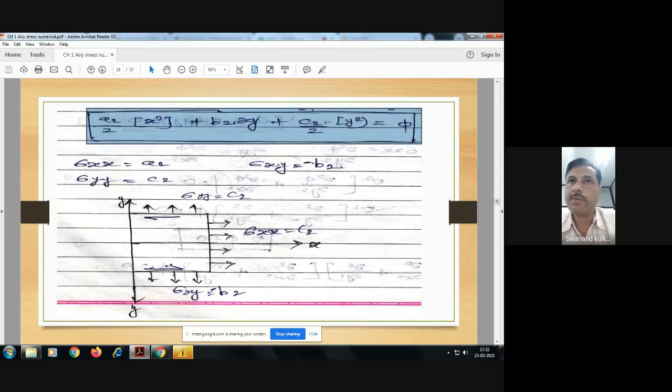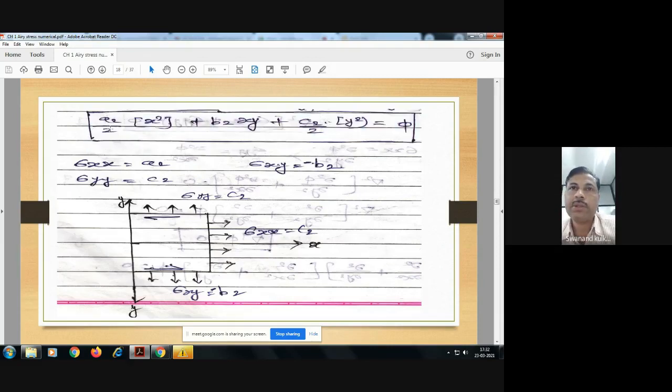See here, we are differentiating with respect to y. a2 by 2 x square is present here, and as we are taking the differentiation with respect to y, in the first differentiation this term will get vanished. Here b2x only will remain, because with reference to y this b2x is going to remain only.